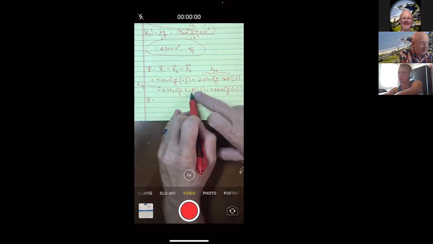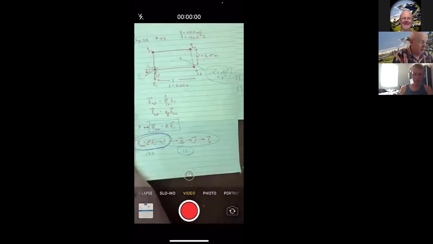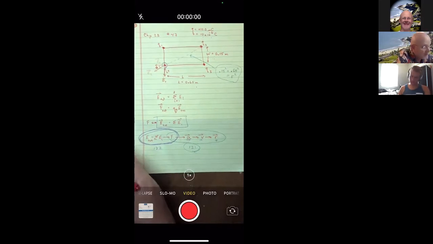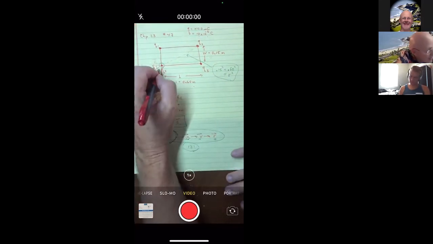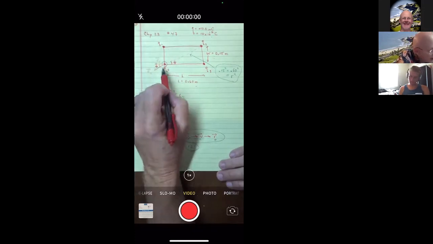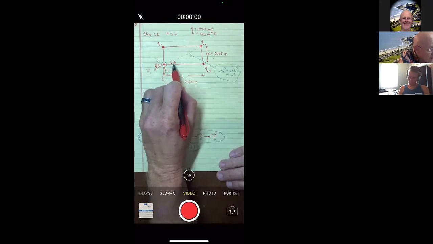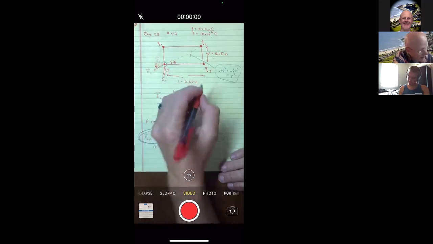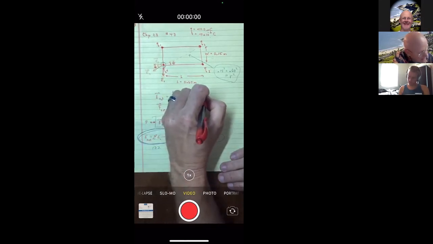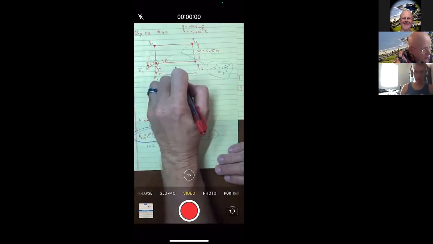Now I can't do a calculation until I figure out what theta is. So let me come back to my picture here and see if I can figure out theta. Now, maybe the first thing to do is to realize that these are called vertical angles in my geometry class. So I call that theta. This is theta. Now with theta here, I can see that tangent of theta is the width over the length.